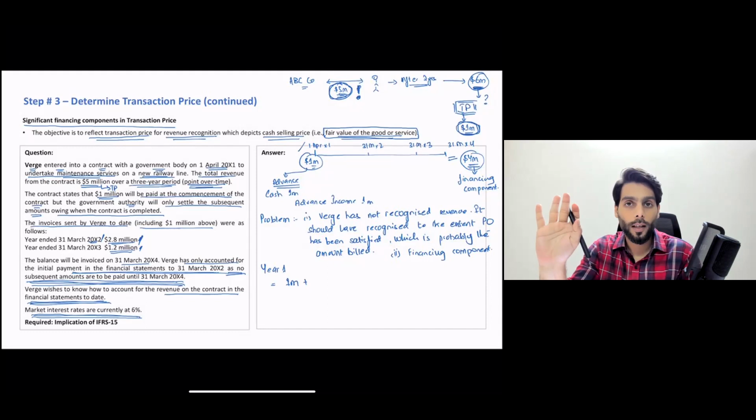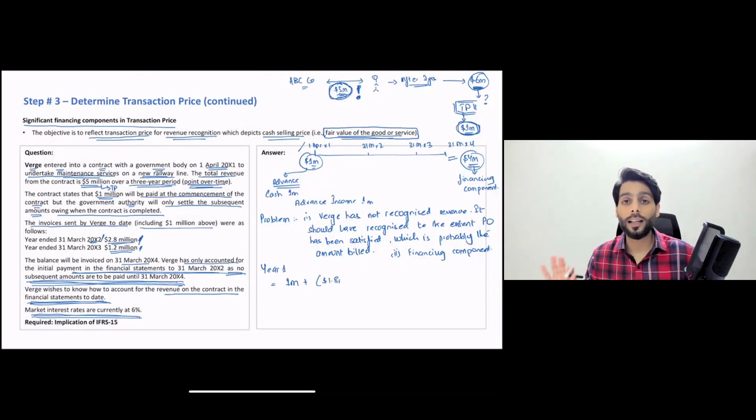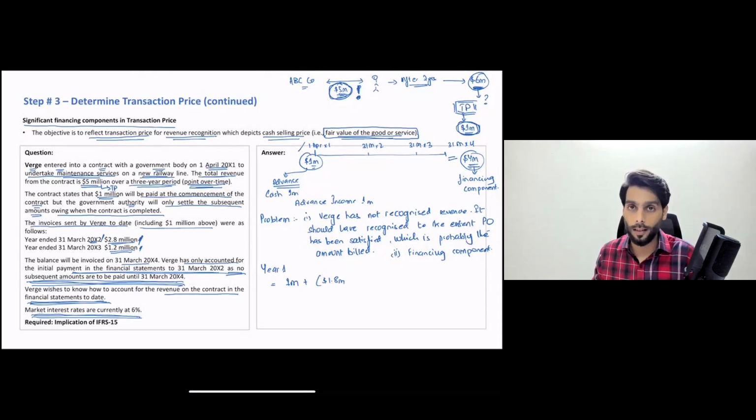There is no problem. But for the rest, the $1.8 million, this would definitely have a significant financing component. Therefore, the financing element, the time value of money, should be segregated in order to recognize revenue. So I would say this $1.8 million should be discounted.